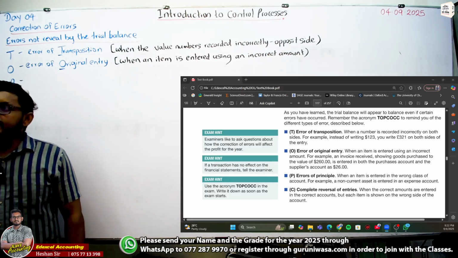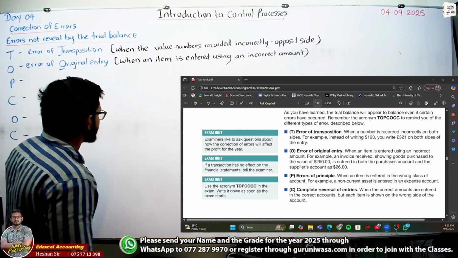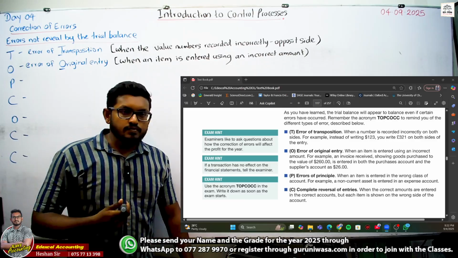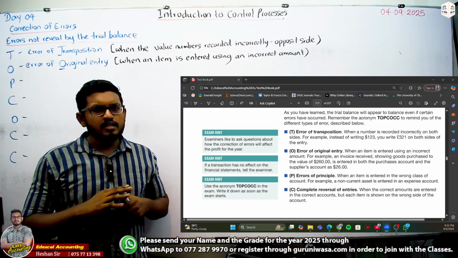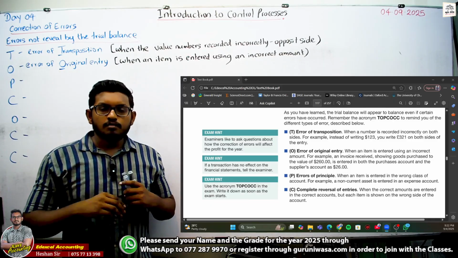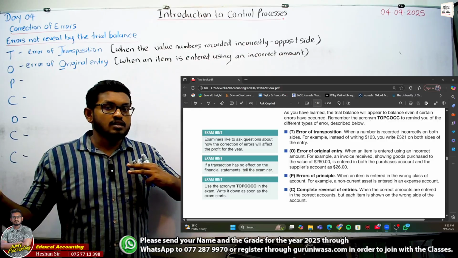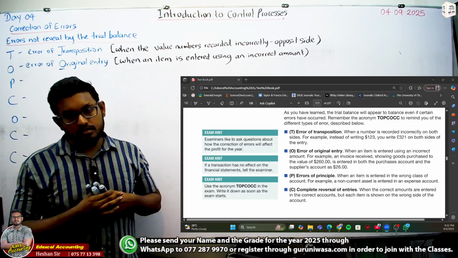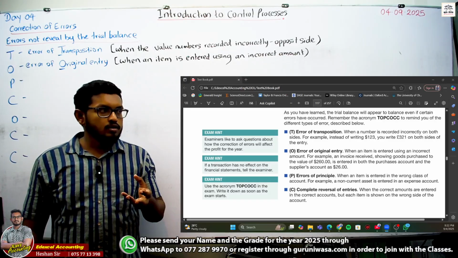Next one, errors of principle. When an item is entered in the wrong class of accounts. Up to now we recorded in the correct accounts, but now think of the purchase of a motor vehicle. What is the double entry? Cash book credit, motor vehicle account debit. But mistakenly we recorded cash book credit, purchase account debit. We can't debit the purchase account when we purchase a motor vehicle for usage purposes.